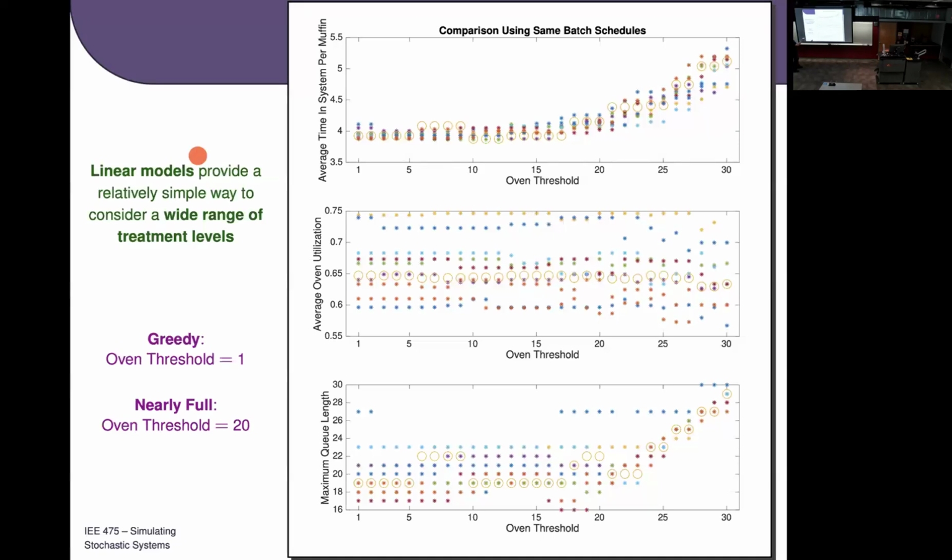So it's whether your oven threshold is 1 versus 30, or 1 versus 25, whatever our nearly full is. We could just throw all the other thresholds on there and then study the pattern as you increase the threshold. And that will give us a better idea of the effect size of increasing the threshold by 1 muffin, and so on. And so we can plot all those output metrics for every threshold, which is what I did here.